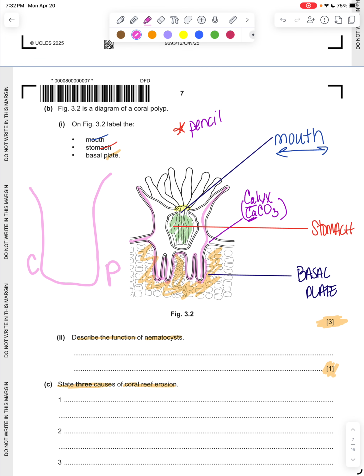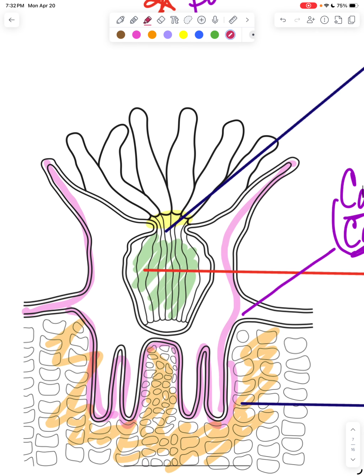And then, if I zoom in, all around we have this other layer. Really thin layer right here. And this is the walls of the polyp, the walls of the calyx.